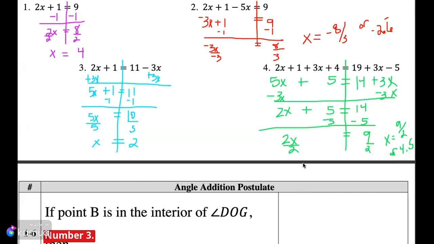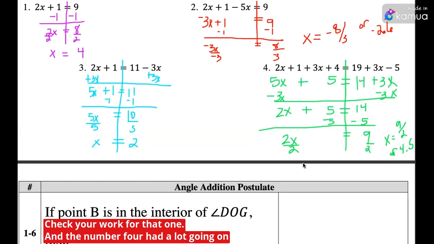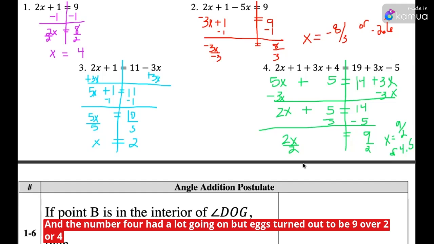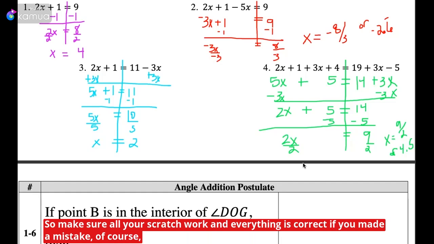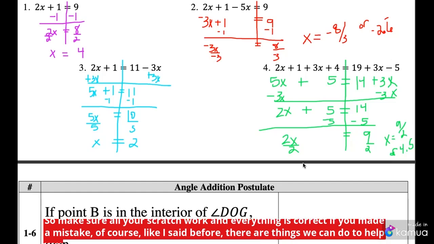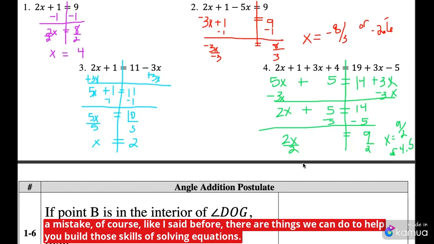Number 3, x is 2. Not too bad. Check your work for that one. And then number 4 had a lot going on, but x turned out to be 9/2 or 4.5. So make sure all of your scratch work and everything is correct. If you made a mistake, of course, like I said before, there are things we can do to help you build those skills of solving equations.